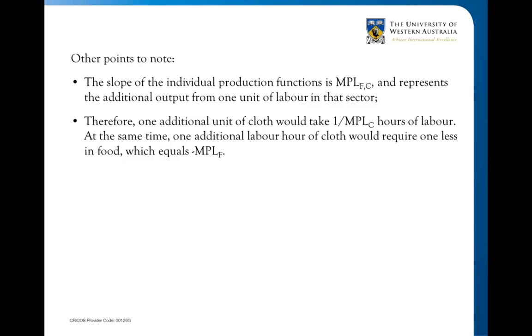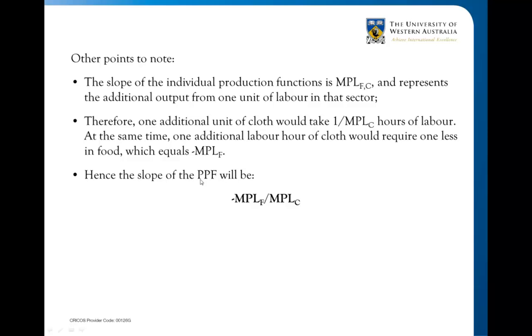At the same time, one additional labour hour of cloth would require one less in food, which of course, when you take away that hour of labour in food, you're going to reduce output by the quantity that person would have produced. And so that is equal to the marginal product of labour in food, and it's negative. You're decreasing output.